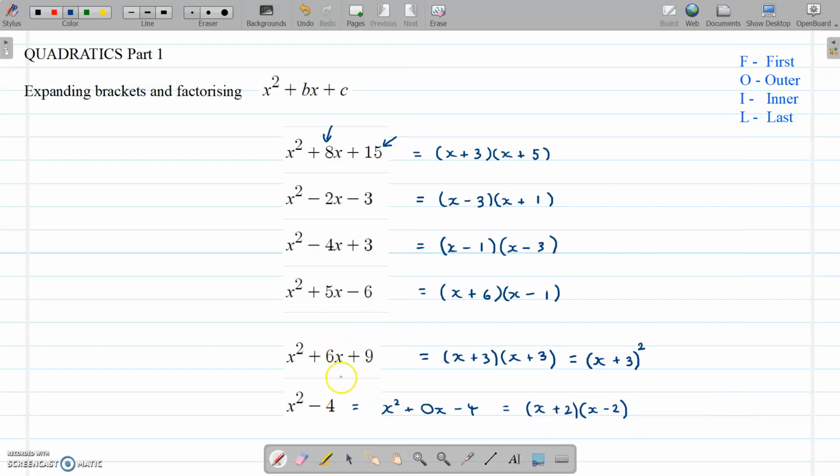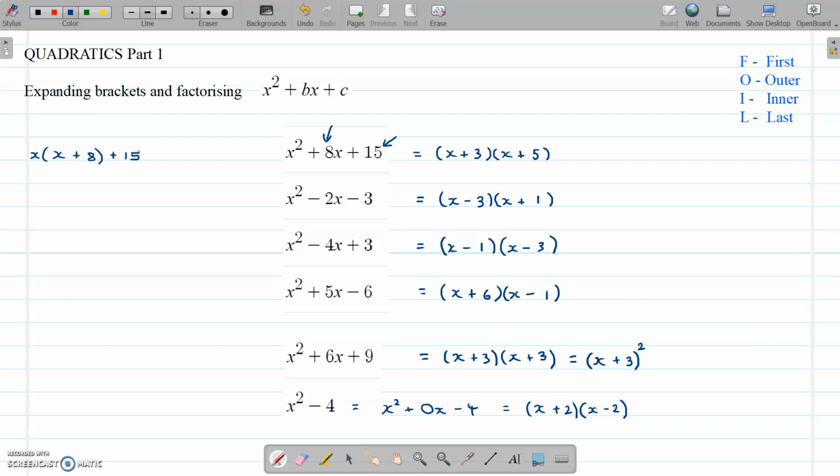Okay, so that's an introduction to the special cases and cases where the x squared coefficient is 1. I just want to show you one more thing. This quadratic expression could be written in many different ways. Let's just take the first one. It could, for example, be written as x brackets x plus 8, okay, plus 15, okay.